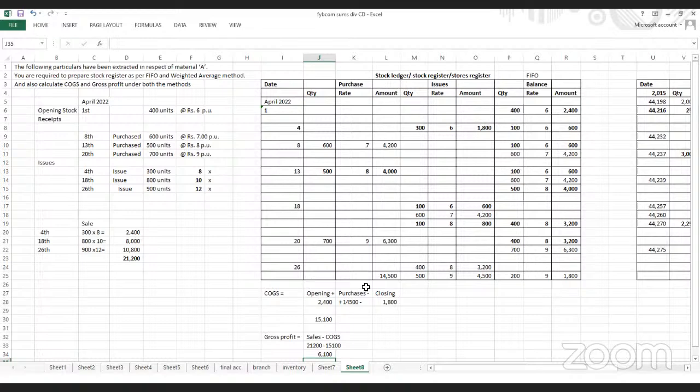You can take a screenshot of this because I'm going to use the same format for solving as per the weighted average method. Take a screenshot of this.